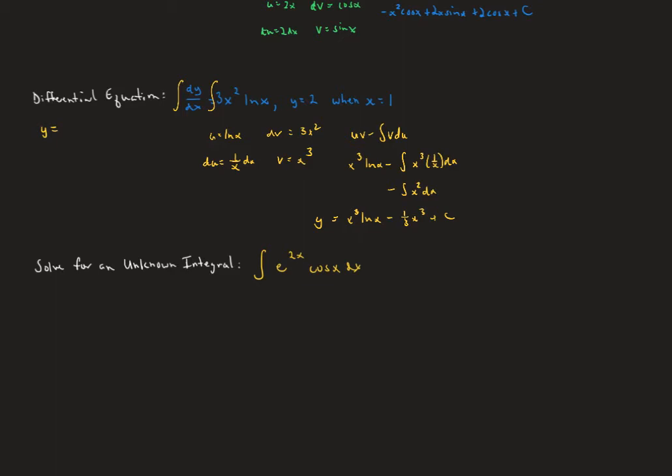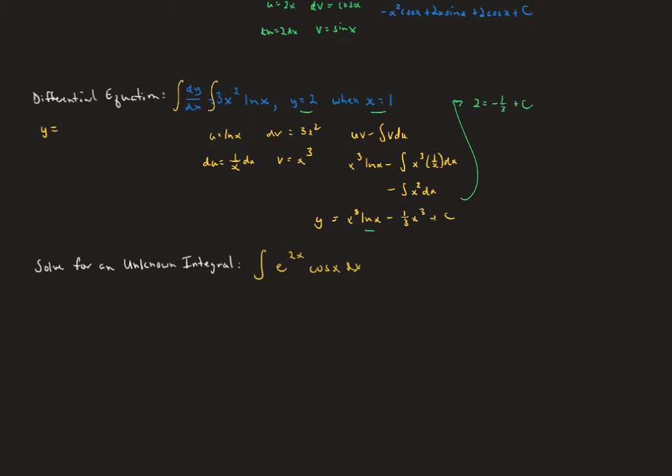Now we're going to use our initial condition, that y is 2 when x is 1. So we put in 2 for y, and since the natural log of 1 is 0, that all drops out. Plugging in 1 for x, the minus 1/3 x cubed is minus 1/3, plus c.